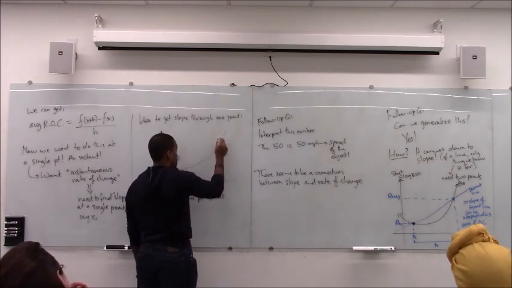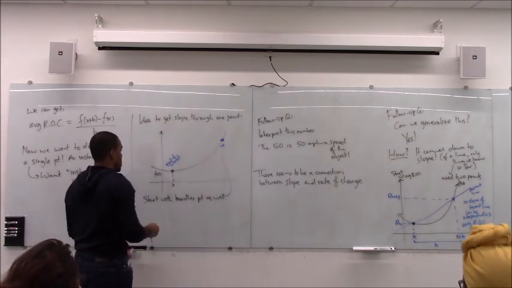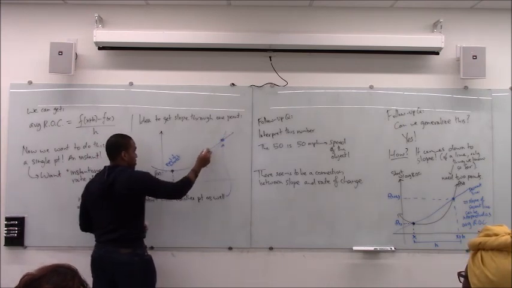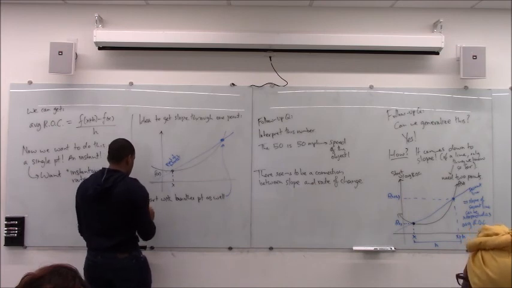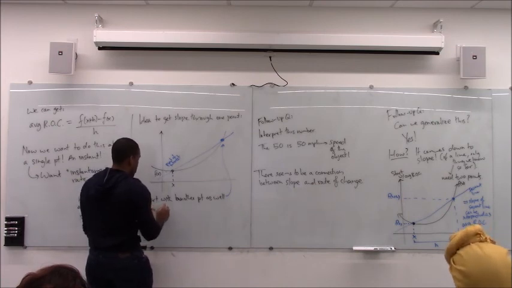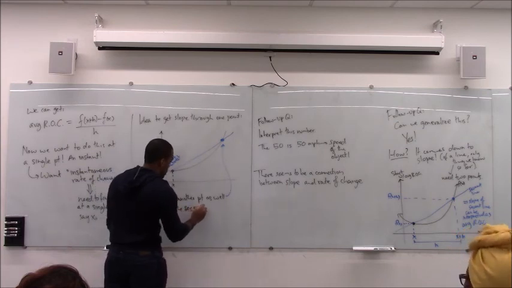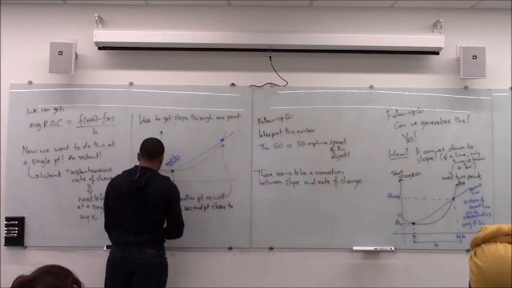Let's say some random guy over here. And we can consider the line connecting them. But here's what we do. Then move the second point closer to the first.